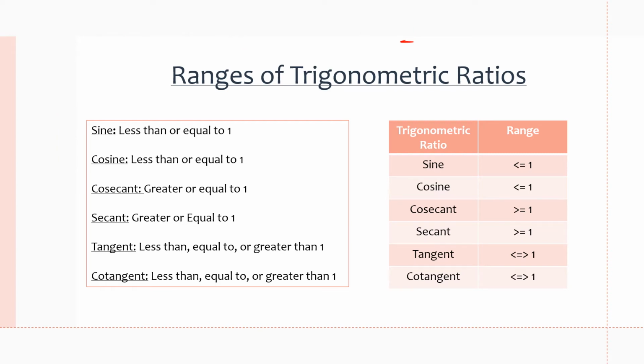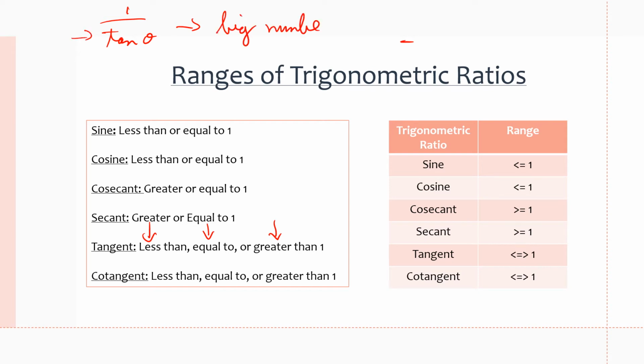And lastly, we have tangent, which can be any value, less than, equal to, or greater than 1. And cotangent, since it's the reciprocal, will be the exact same, because if tan theta is a very small number and you take the reciprocal, it's going to make a very big number.